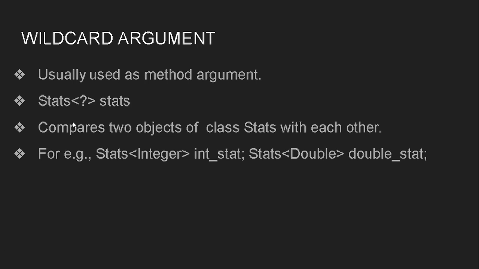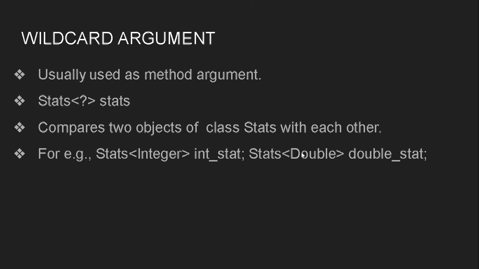Now I want to compare intStat with doubleStat, and that is actually going to create a problem. The reason is that intStat has the type parameter of Integer and doubleStat has the type parameter of Double. If both the objects are having the same type parameter, then you don't even need to use a wildcard argument.